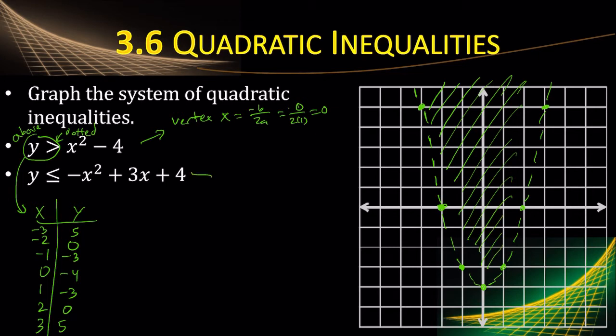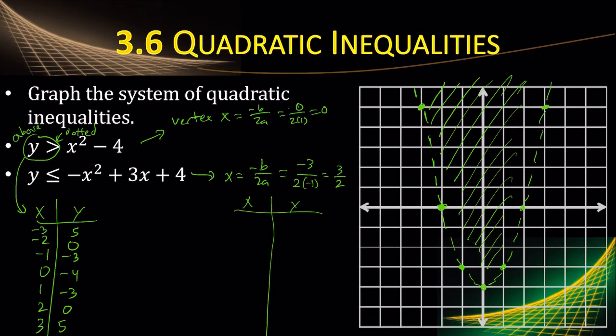Now let's take the second one. X equals negative b over 2a to find the vertex, to find out where our table has to be centered. So that'd be negative 3 over 2 times negative 1, which gives us 3 over 2, which is 1.5.